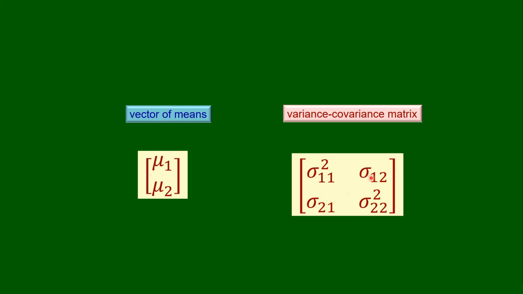And it's these off-diagonal elements which are telling me that x1 and x2 are statistically interrelated.